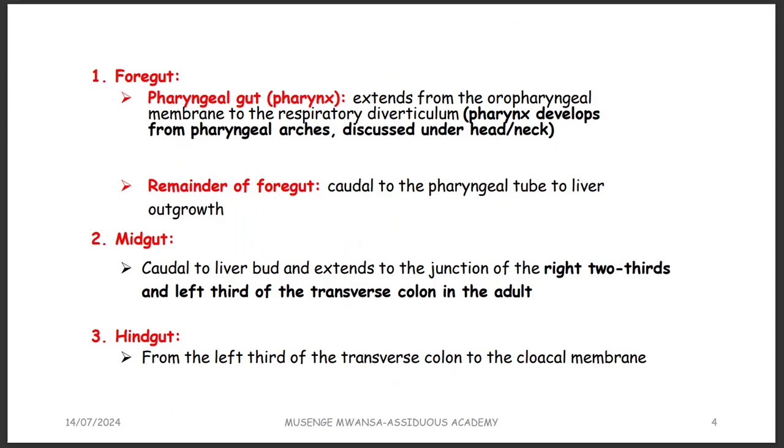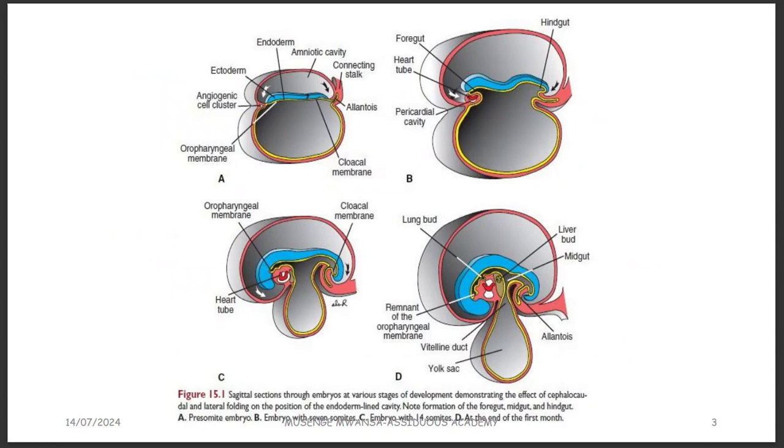So the foregut, what are some features that it is going to have, or what makes up the foregut? We're going to have the pharyngeal gut or the pharynx here, which starts from the oropharyngeal membrane where the mouth is supposed to form to the respiratory diverticulum.